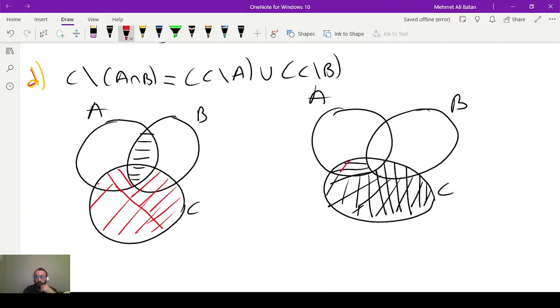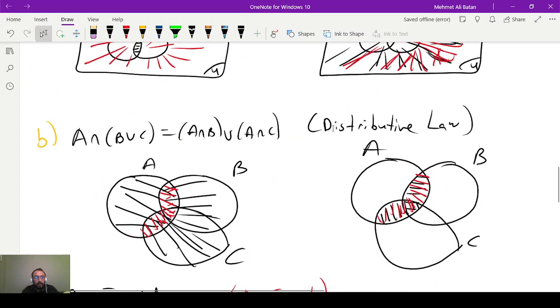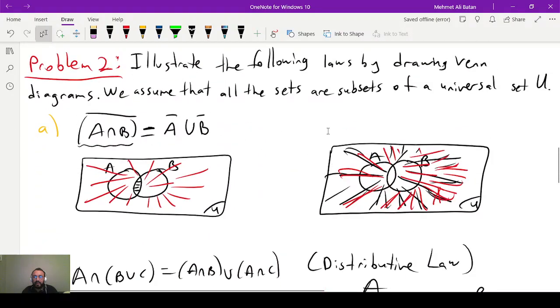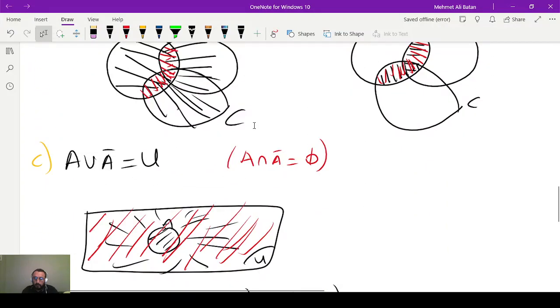The region I am looking for is the same region. That's enough for this question. So I have used Venn diagrams to illustrate some equalities. Indeed, some of them are well-known equalities, like the distributive law. Let's move on to the next question.